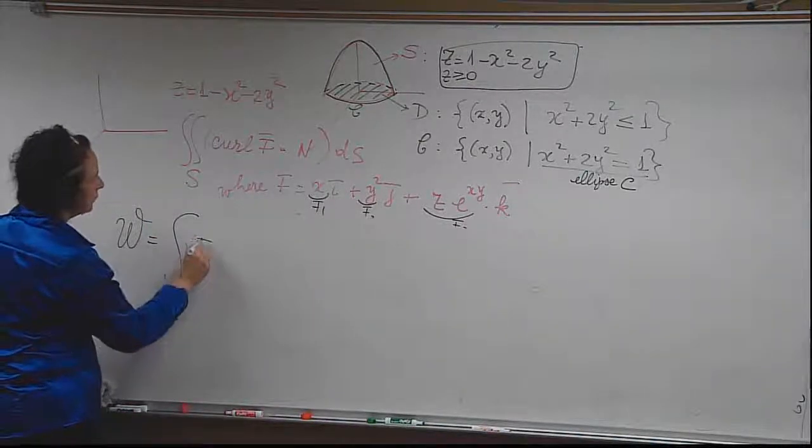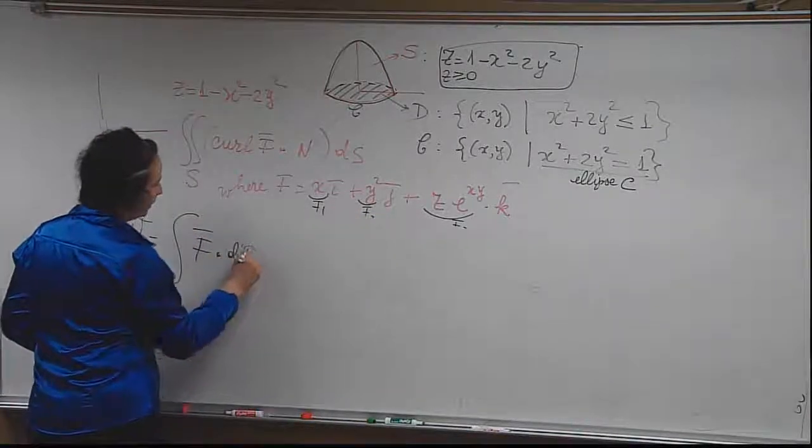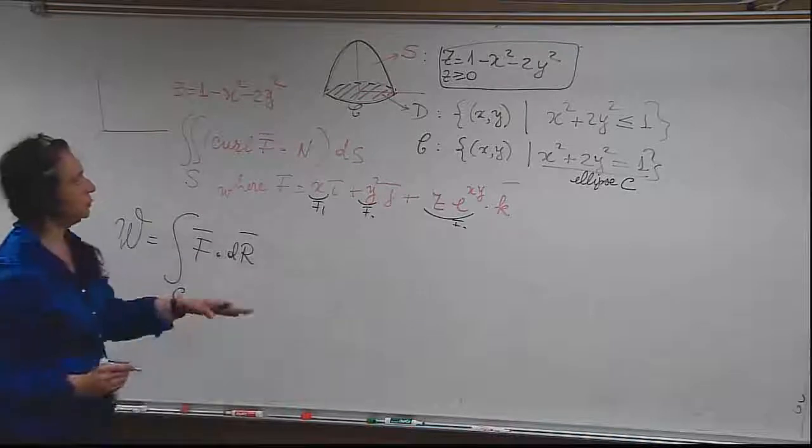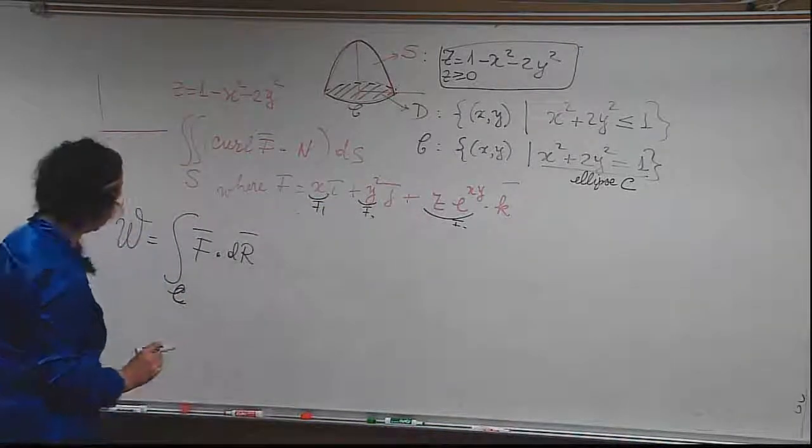performed by the force F that's given to you as a vector valued function along the path C, which is given to you as this wonderful ellipse. Let me put C like I did before.